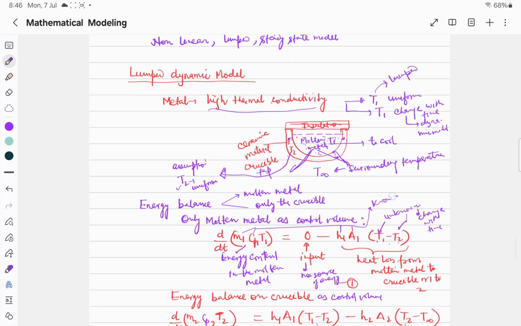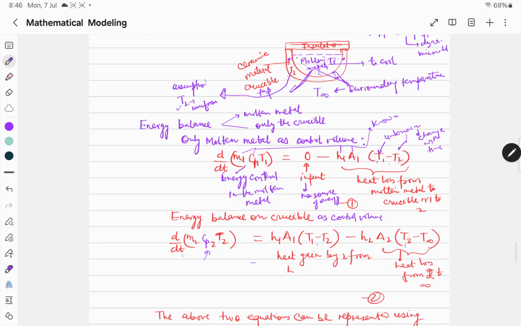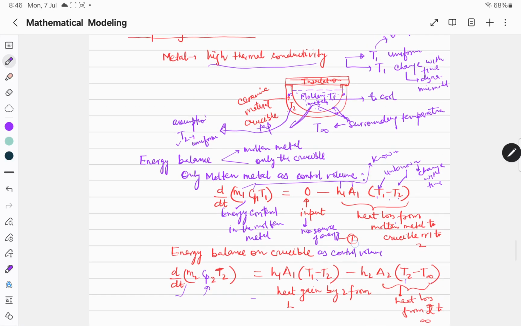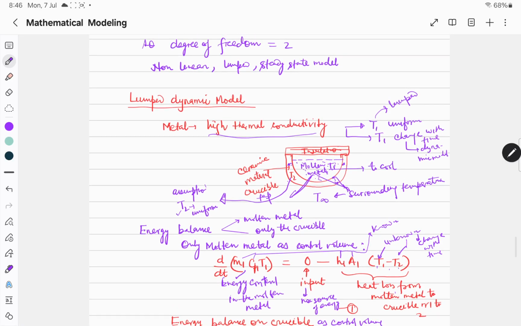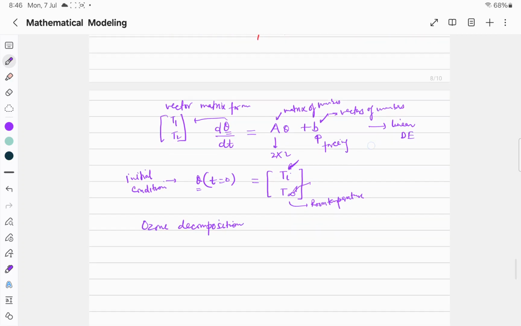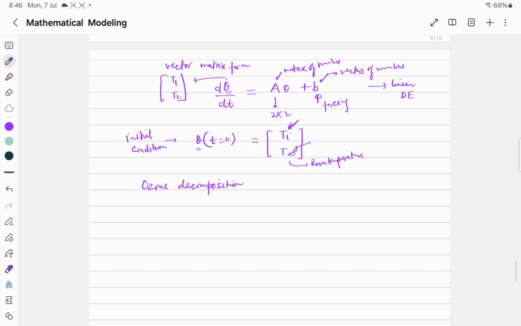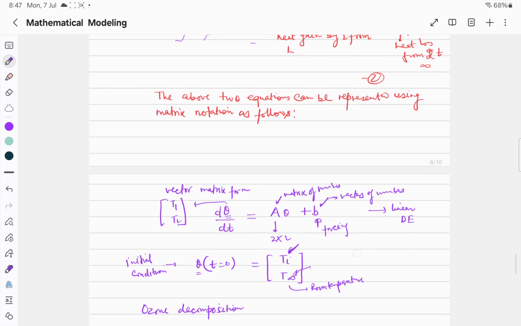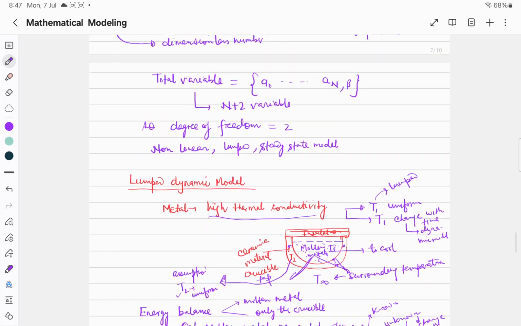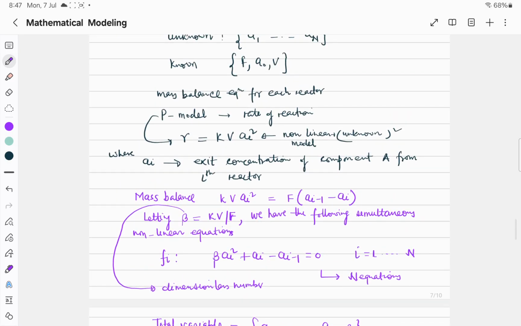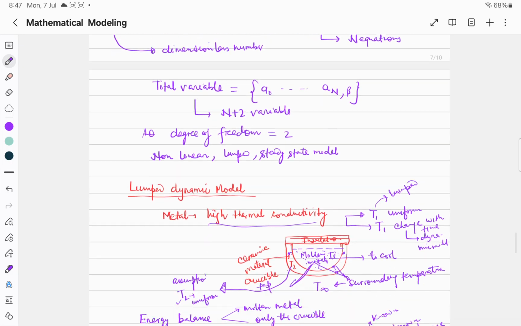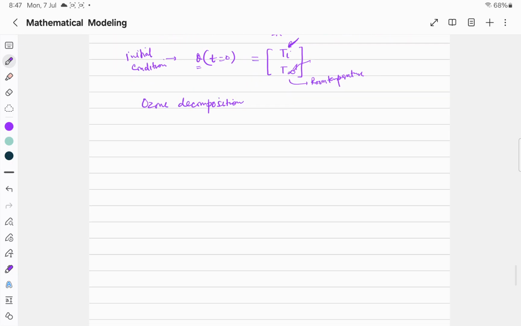So this is the lumped dynamic model: dynamic because it changes with respect to time, lumped because there is no spatial variation. So there are different types of models. Finally, you have seen that you got a set of differential equations. How to solve that set of differential equations, we will learn in this course, introduction to mathematical modeling for chemical engineers. Similarly, in some places we will get a distributed model, with change with respect to a space variable.